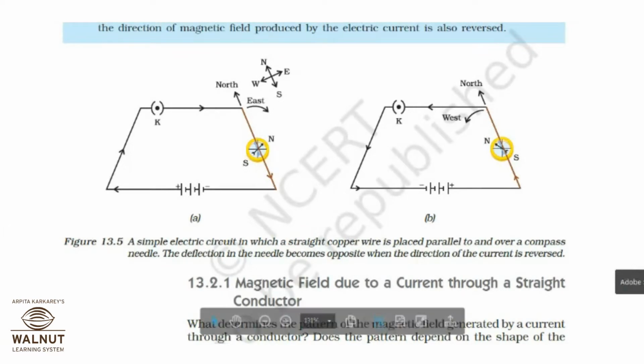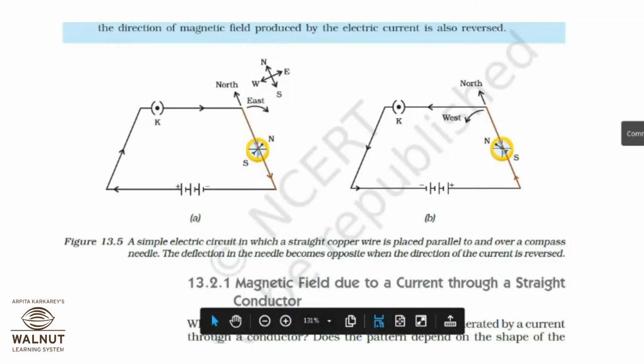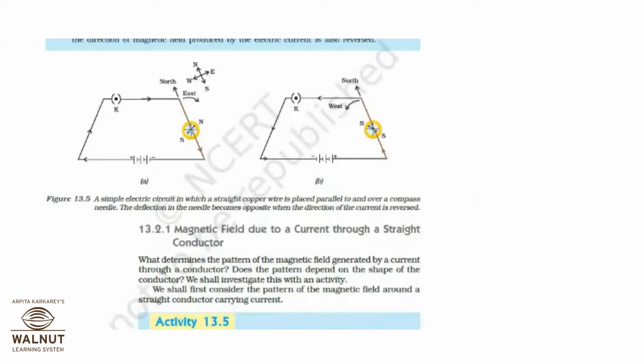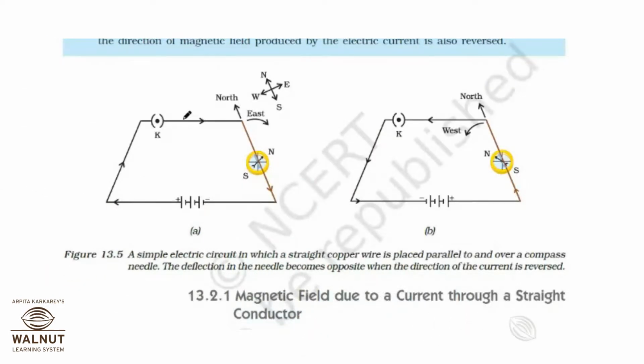What is the difference between figure 13.5a and b? Spot the difference. Yes, reverse electric current. So due to reverse electric current, what is happening? Yes, direction of current is reversed, due to which what is happening?